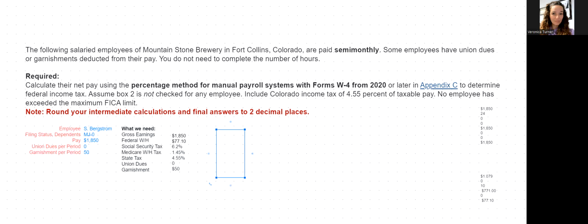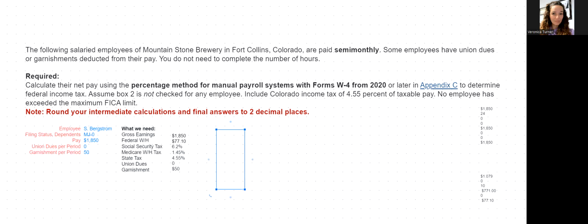Union dues for this individual is $0, so I'm not going to subtract anything out. And then for his garnishment, he has $50 per pay period. Perfect. So I'll make all these red because we're subtracting them out.